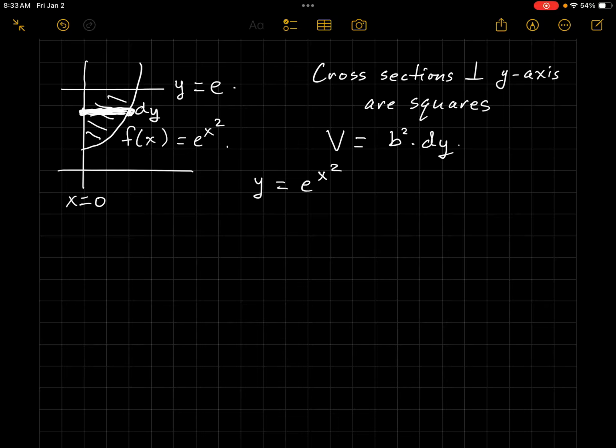That is, x equals some function of y. To cancel out the e, we will take the natural log of both sides. And then we end up with x equals the square root of the natural log of y. The positive square root, because I have only the positive square root over there.